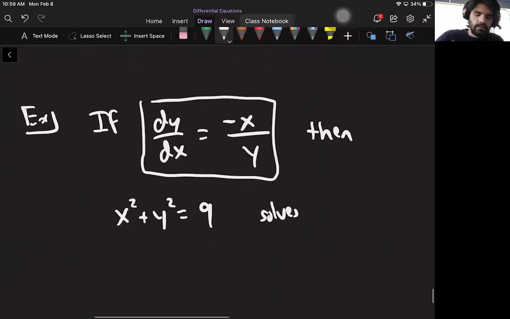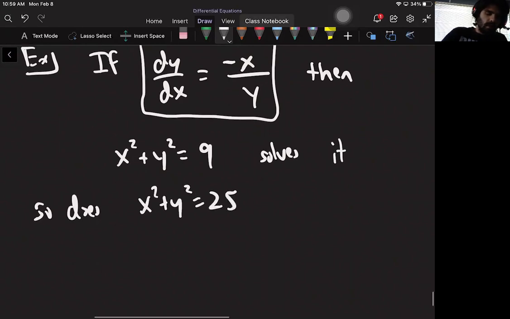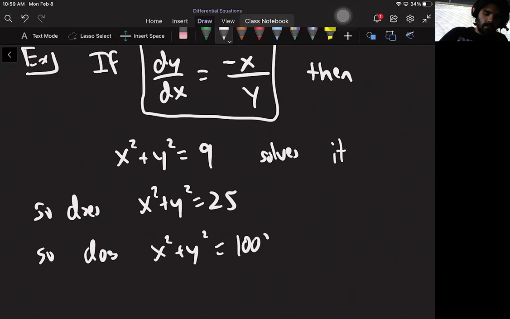But that's not the only one that solves it. So does this, or actually you could put any number you want on the right there. 1002, I don't know, whatever your favorite number is.